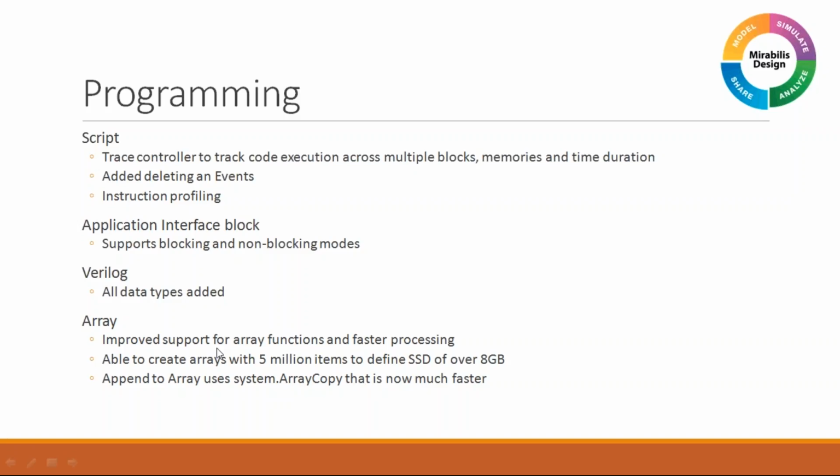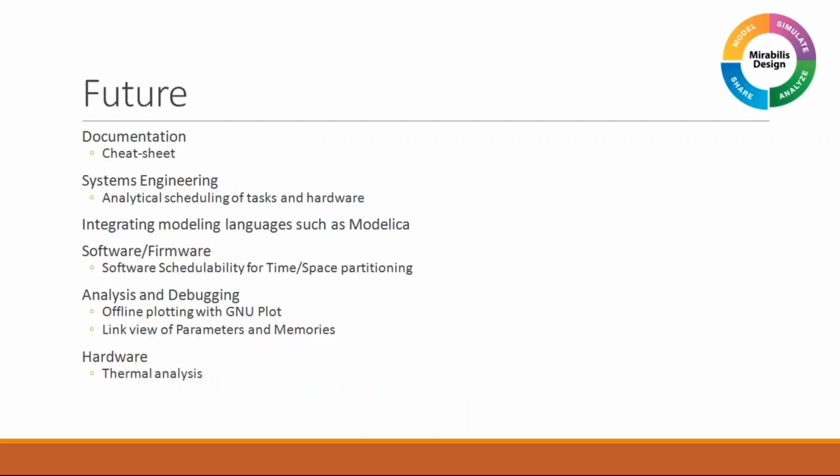And with regards to arrays, the arrays are extremely popular and also very powerful, and this supports 5 million or more items in an array right now. And also we have added a lot of array-related functions, either to access particular data from a particular position, or to copy the data, or to perform computations on the array elements.